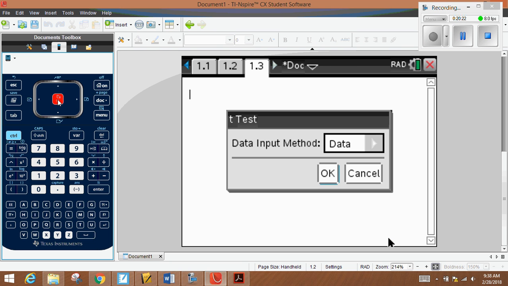We're going to use data. We do have the choice of using data or statistics, right? We have the data, so we're going to use data.